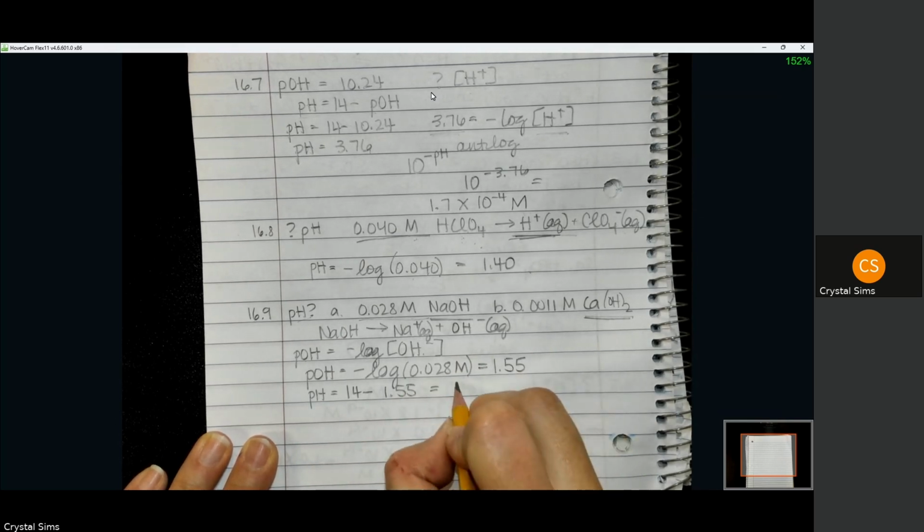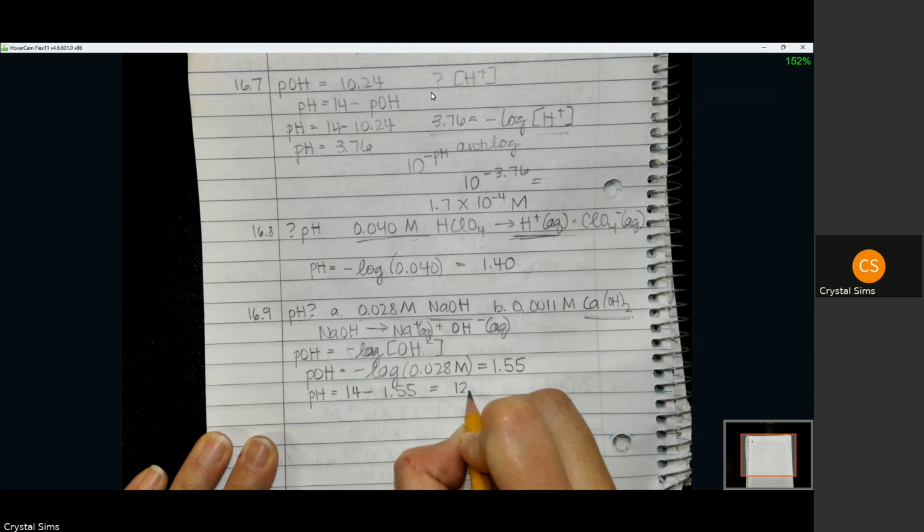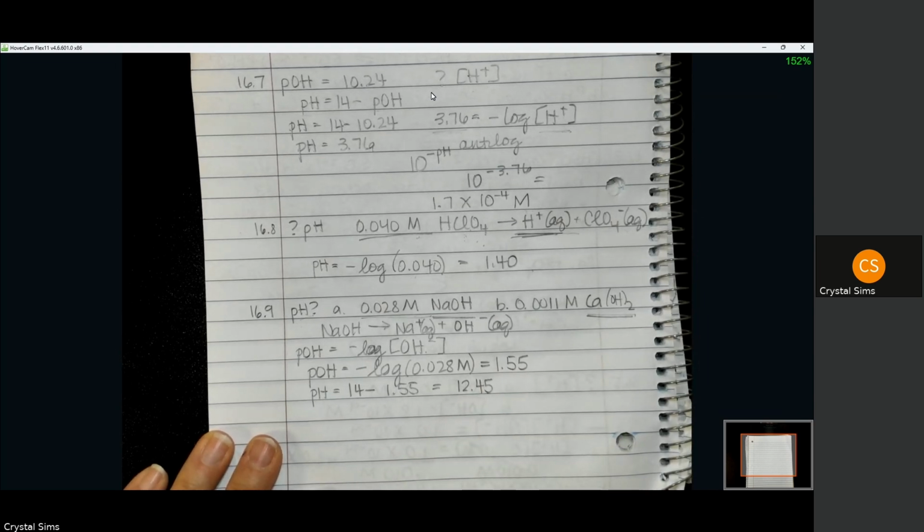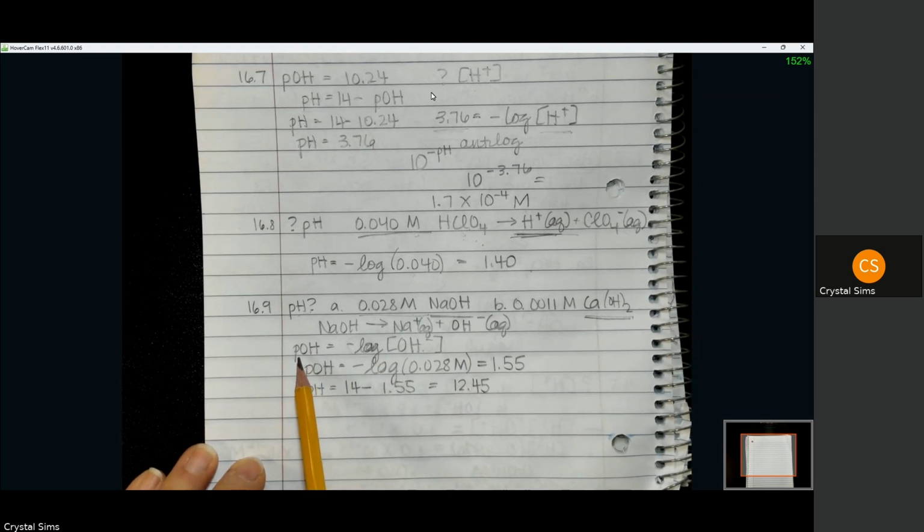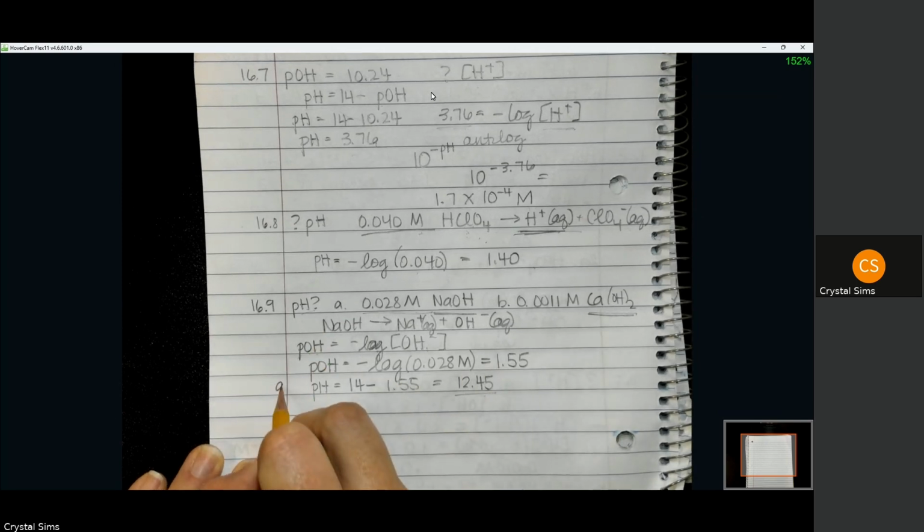So my pH is 12.45. Okay. So what I did is I found my pOH by taking the negative log of the hydroxide ion concentration. And once I got that, I subtracted it from 14 to get my pH. So here's my pH for A. Okay, so this is A.